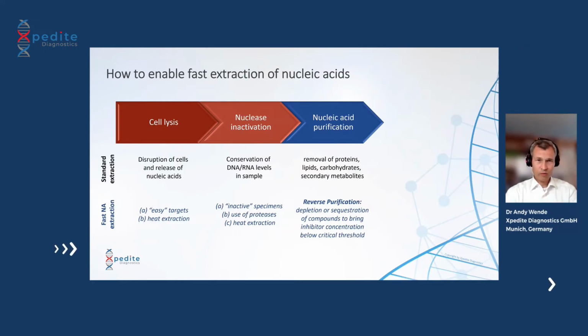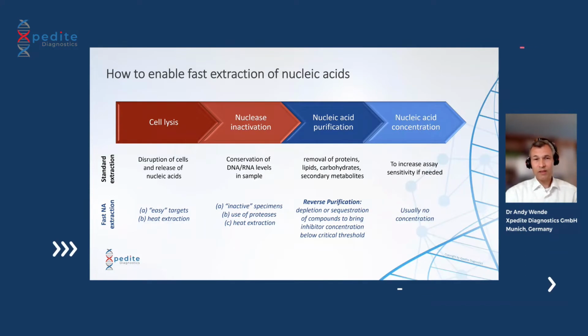In contrast, you would do what I always call reverse purification. That means you try to deplete or sequester all these compounds that are not nucleic acids, and by that bring them below a critical threshold of inhibitor concentration.